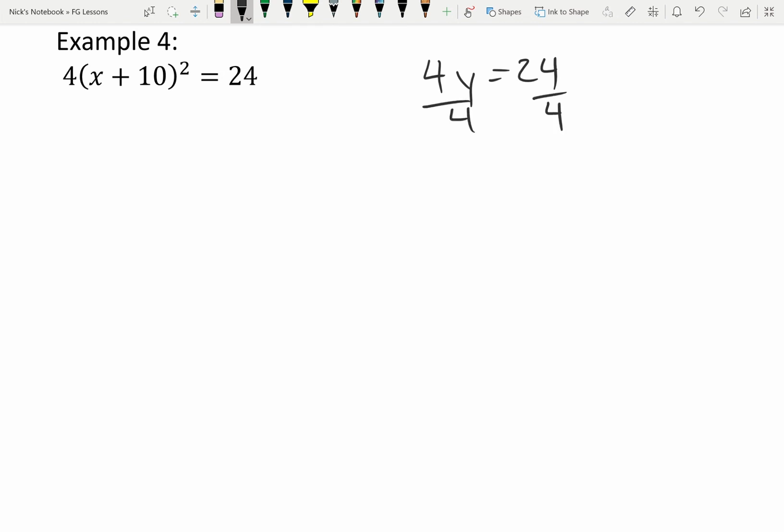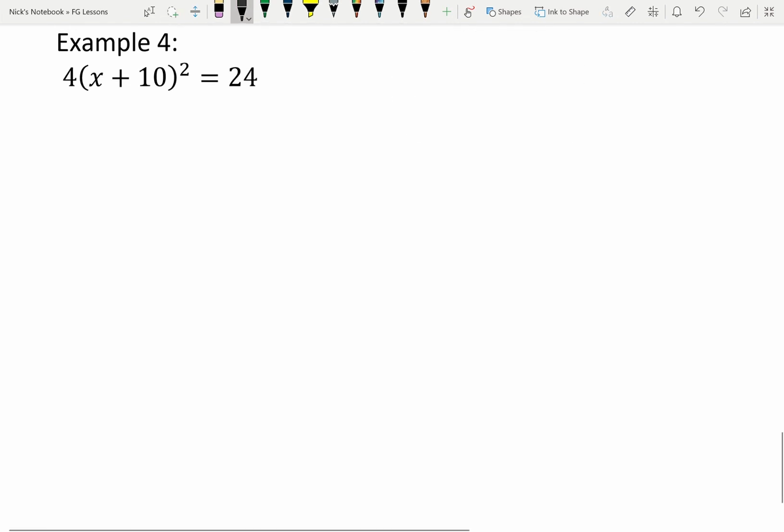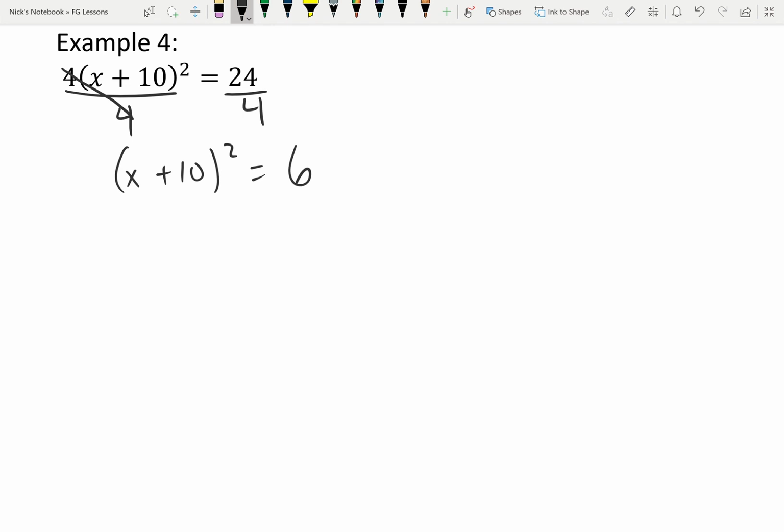Let's use that same concept here. Let's just divide this whole thing by 4, assuming this x plus 10 is just one group of things. So we're going to divide both sides by 4. When you divide by 4, that cancels that out. And now on the left-hand side, we have x plus 10 squared equals 24 divided by 4 is 6.